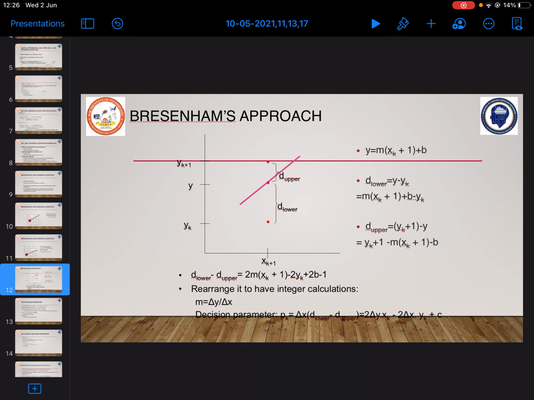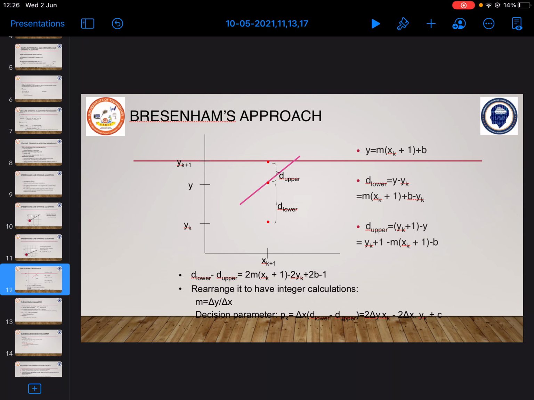For the lower pixel position, d lower is equal to y minus yk. Since y is m of xk plus 1 plus b, substituting gives d lower equal to m of xk plus 1 plus b minus yk.